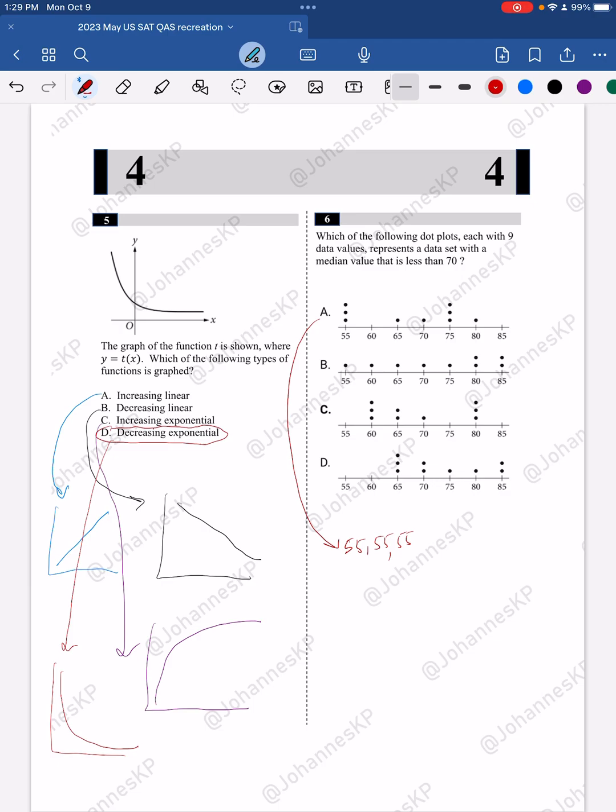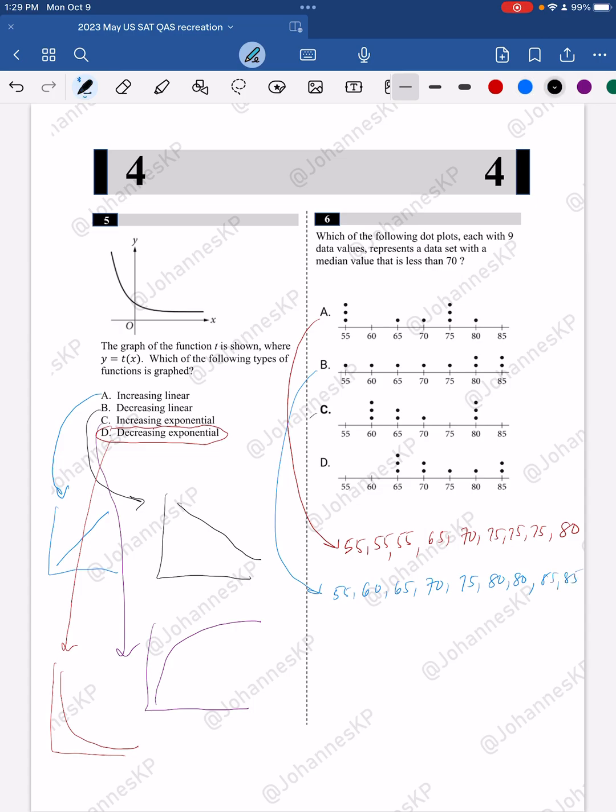So 3 55s, which we've written, 1 65, 1 70, 3 75s, 1 80. That's for the first one. Now for the second one, we have 1 55, 1 60, 1 65, 1 70, 1 75, 2 80 values, 2 85 values.